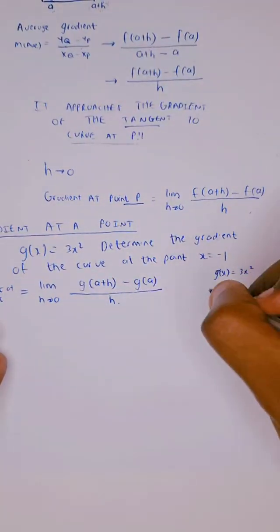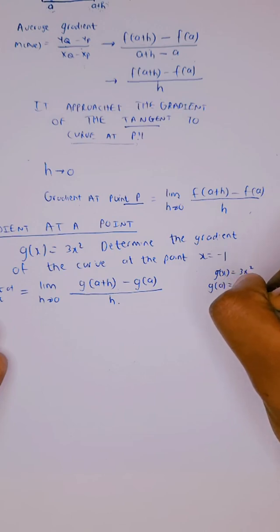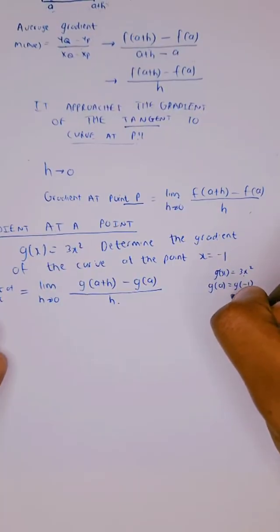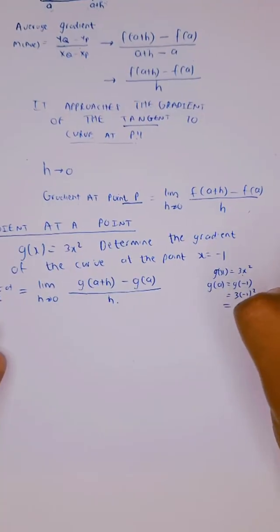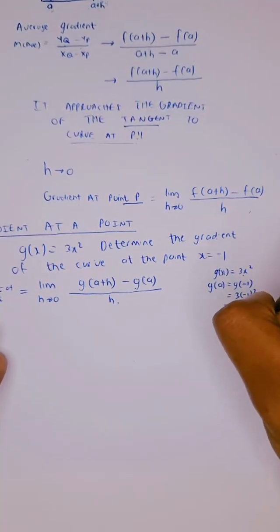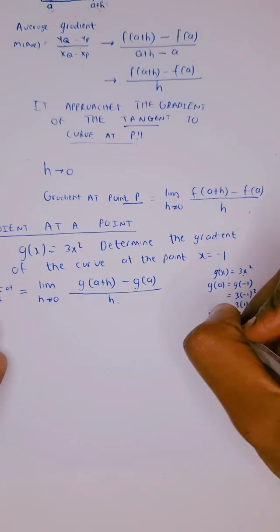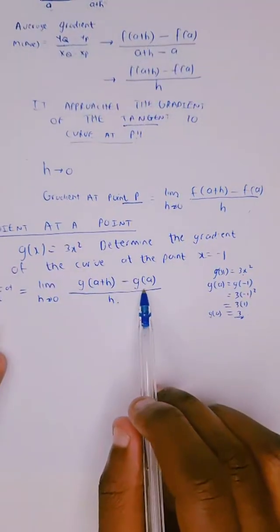So we check g of a, which is equal to g of -1. In the place of x, we substitute 3 into -1 squared. We get 3 times 1, which is 3. That is our g of a.